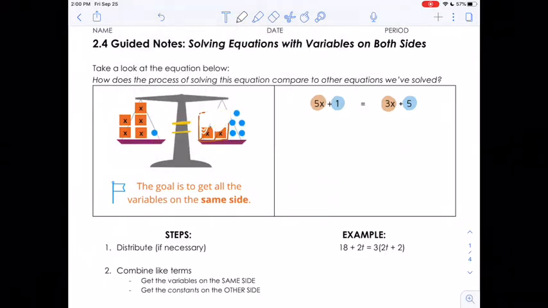If I take away these 3 x's, that makes for an unbalanced scale. But if I take away 3 on this side, and also take away 3 on this side, I'll maintain balance because I took away the exact same amount on each side.